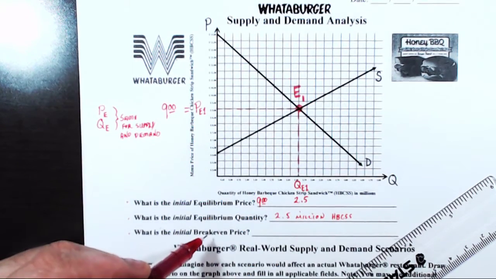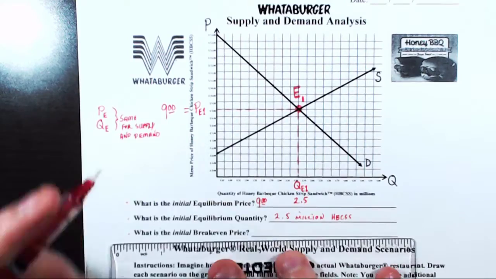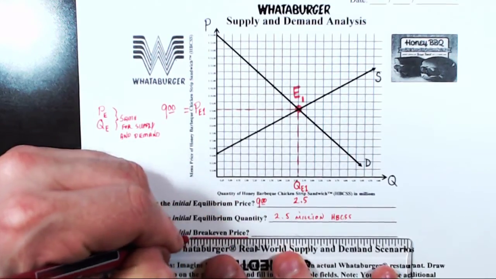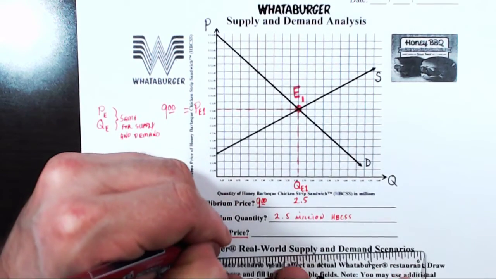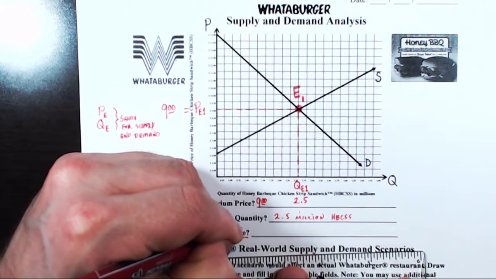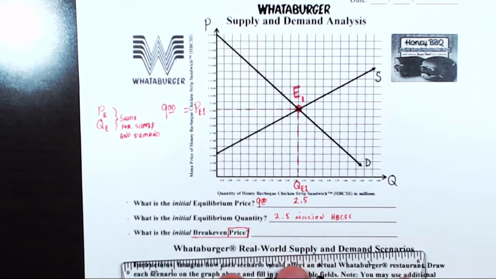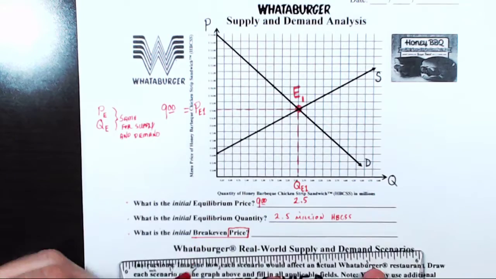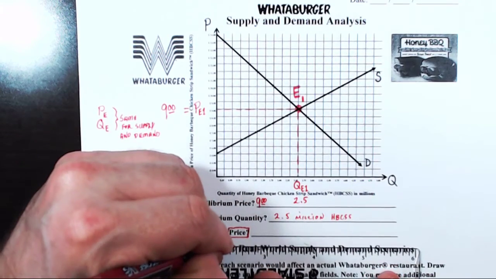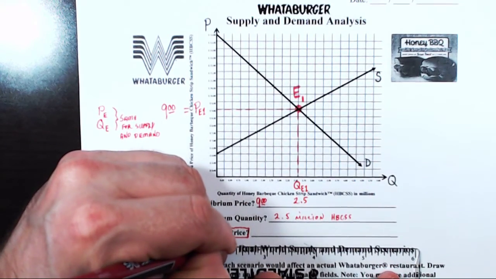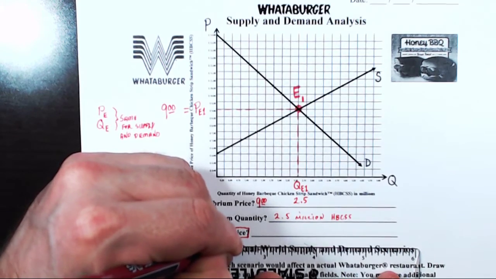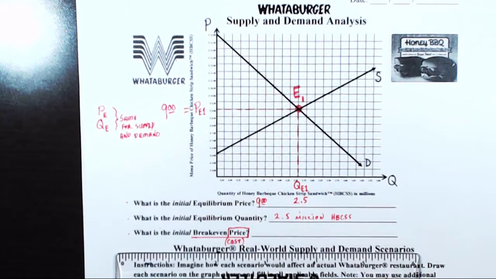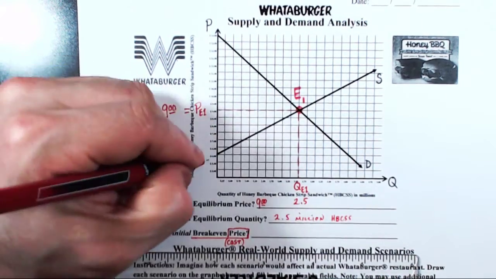What is the initial break-even price? This is intentionally confusing because of this word right here. I'm asking you to locate a point on the price axis, but it will actually refer to a cost, okay, parentheses, this is a cost to the producer, in this case Whataburger. What is the break-even price?